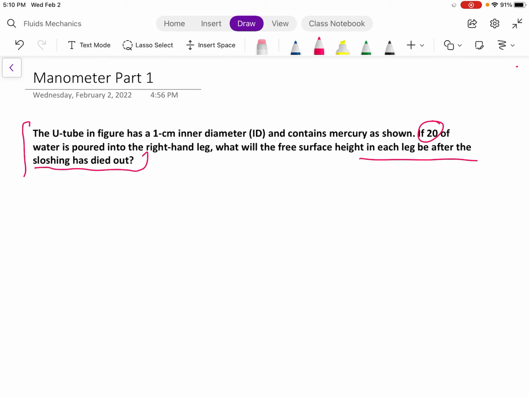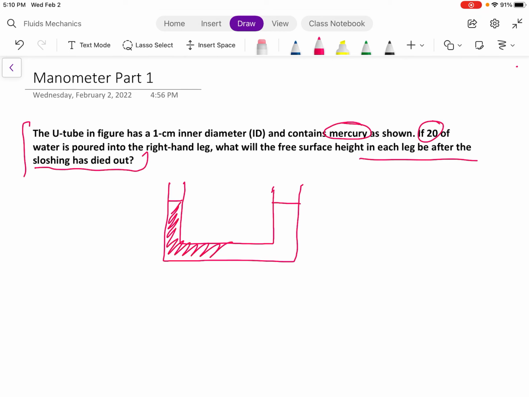So drawing a figure of what we have in here. We have a manometer that has 2 legs, and we have mercury in it. So let's imagine the situation in here.